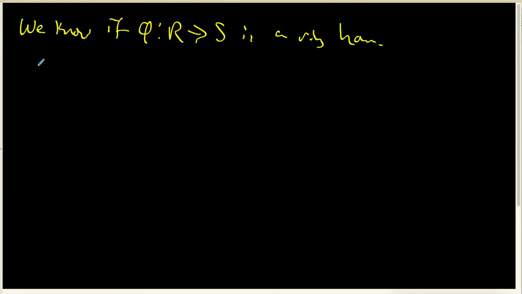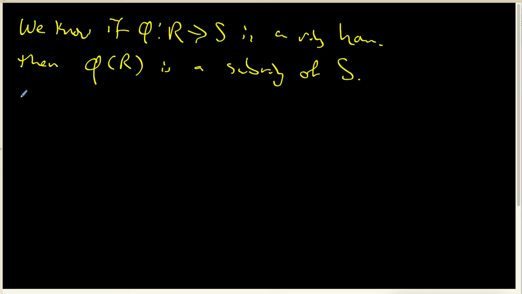So we already know that if we take a ring homomorphism from R to S, then phi of R is a subring of the ring S. And what I now want to do is think about the ring R prime.